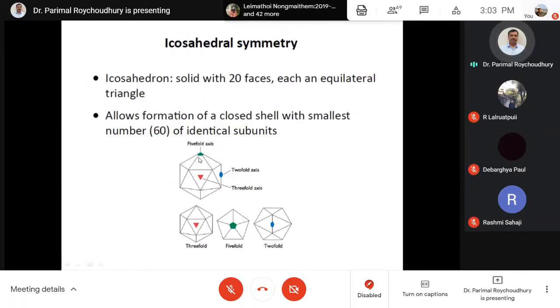The proteins present in the vertices, as I said, the 12 vertices present in the icosahedron, are called penton protein, P-E-N-T-O-N, because these are surrounded by 5 different proteins. Suppose the protein present in this vertex, taken from the top view, you'll find there are 5 adjacent proteins surrounding it.